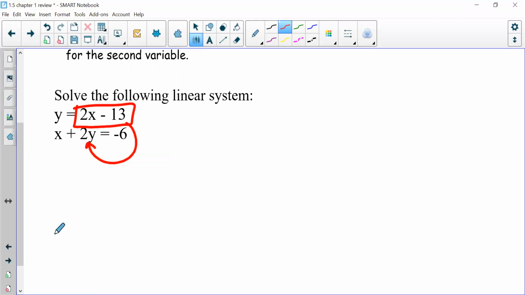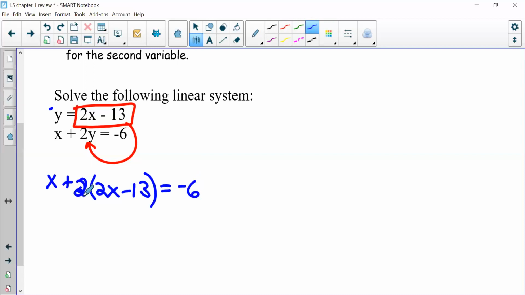Okay, Matthew, what does that look like when you replace it? Replace the 2y with, okay, so it looks like x plus, bracket, 2x subtract 13, equals negative 6.